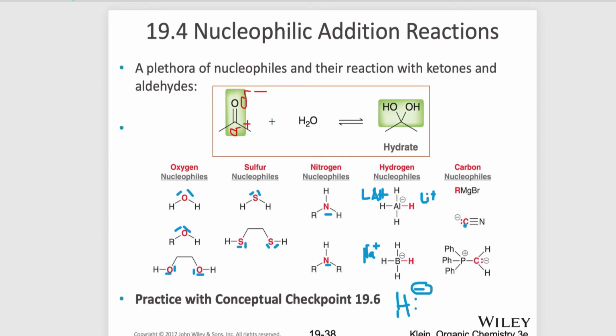And then there are a number of carbon nucleophiles, Grignard. We actually just looked at the dynamics or the electronic situation of this. Nitrile, that's a good nucleophile, as you know from substitution reactions in Orgo-1. And here is a phosphorus reagent, very important in a Wittig reaction.